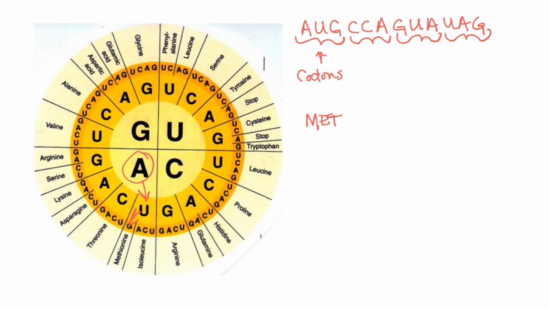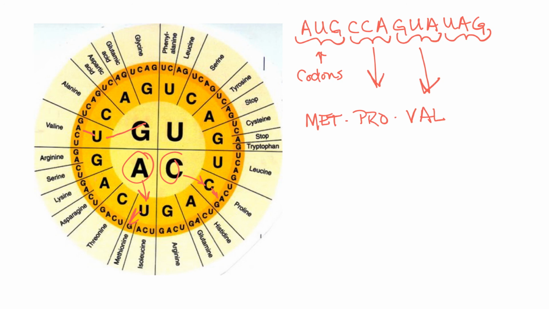Our second codon is CCA, so we look at CCA, and that's proline, PRO. Our third codon is GUA, so it's G, U, and then A, which is valine, VAL.